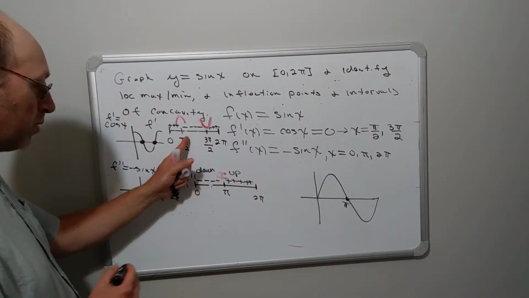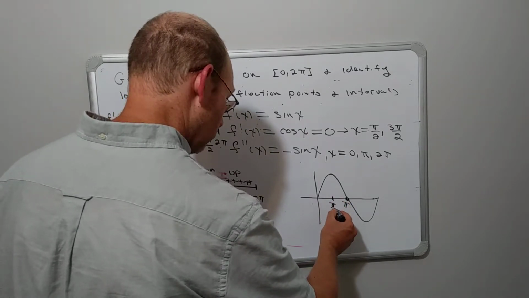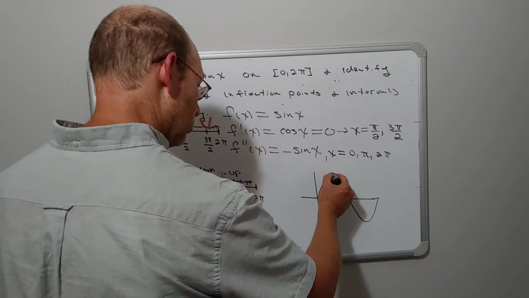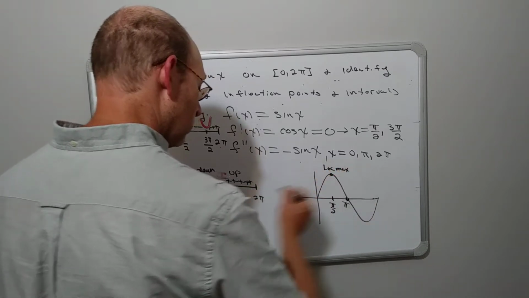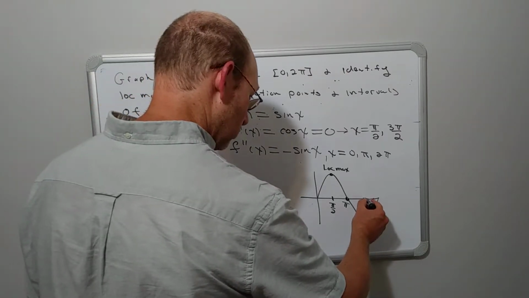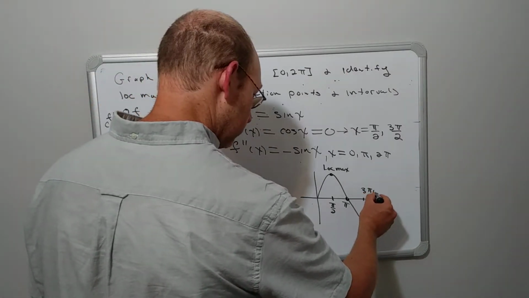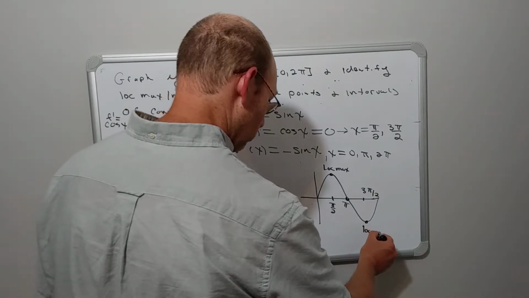We know we have a local max at pi over 2. So here's local max. And we know we have a local min at 3 pi over 2. Local min.